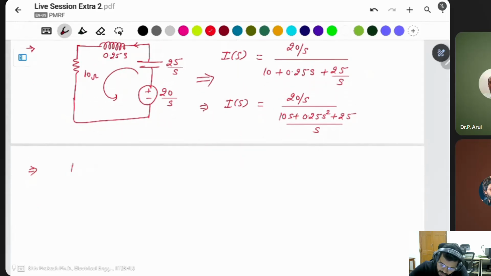S will be cancelled out. IS is 20 over 10S plus 0.25 S square plus 25.